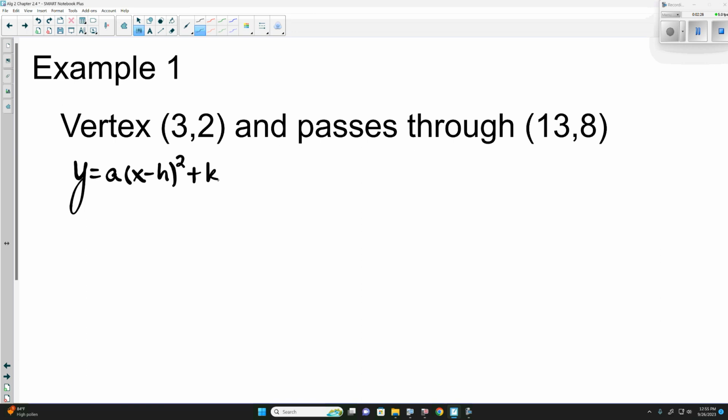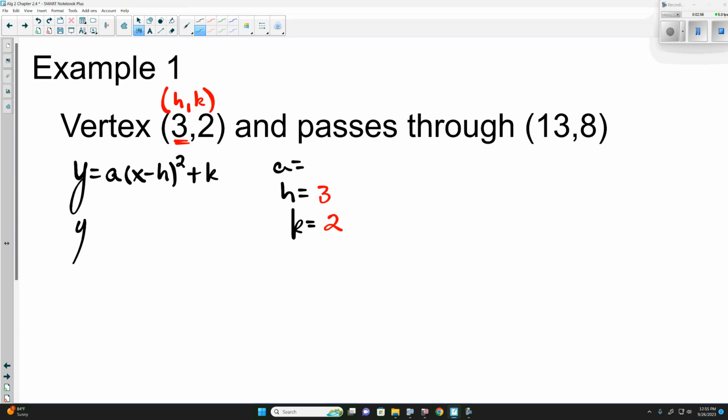And for us to get the equation, we need to know the value of a, h, and k. Now the vertex is our point (h, k), and we get that from the general form, telling us what the vertex is, which is also telling us the h value is 3 and the k value is 2.